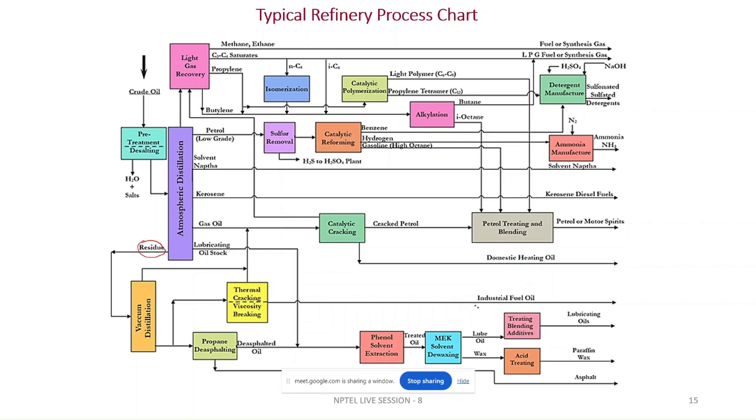You get the industrial fuel oil, and other products go for the propane de-asphalting. De-asphalted oil is being produced, and there will be phenol extraction method, treated oil, and then de-waxing and blending with additives to make it a more desirable oil, and acid treatment and other things.